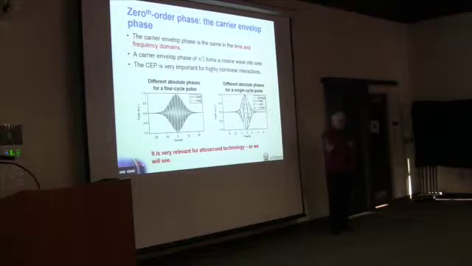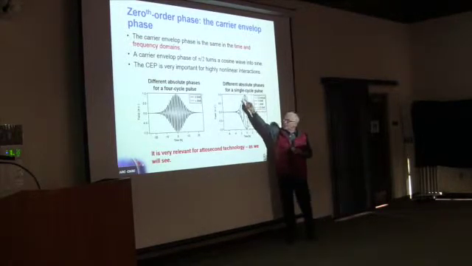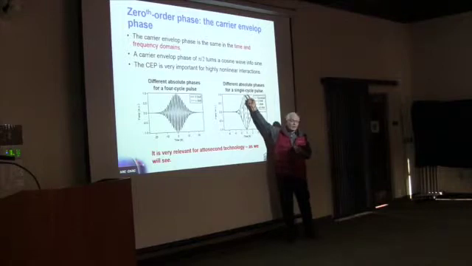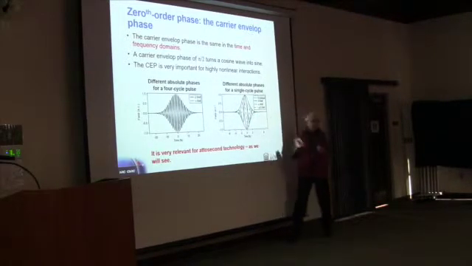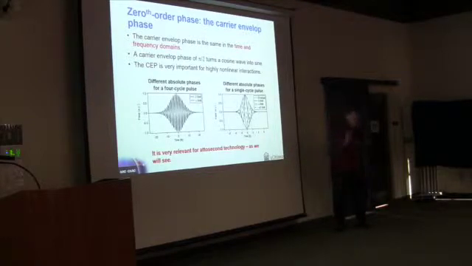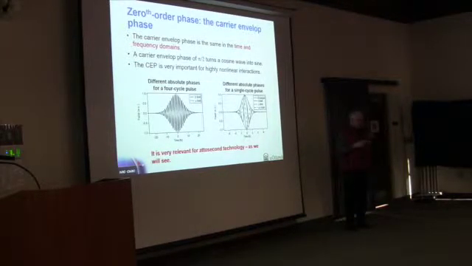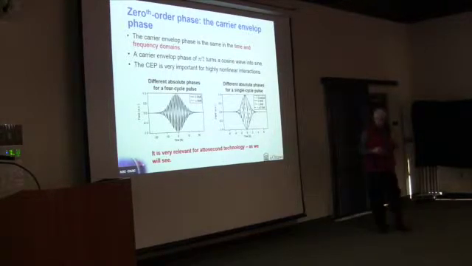Now, in the last part of my talk, I'm going to talk about strong fields and attosecond technology, and many photons are going to be involved in the process, and this becomes extremely important in that part. I won't say so much about it, and if I look over the lecturers, I doubt there will be a lot said about the carrier envelope phase, but it is critical to almost every aspect of attosecond technology.